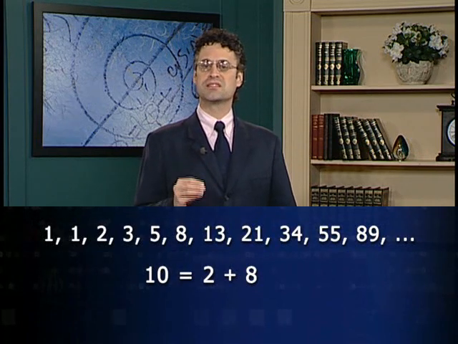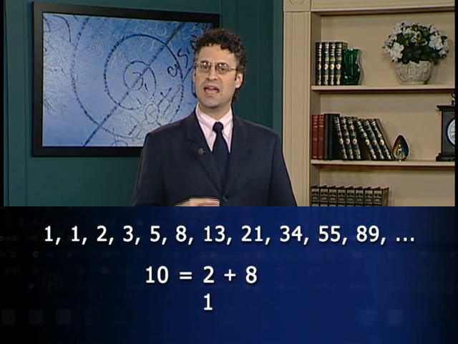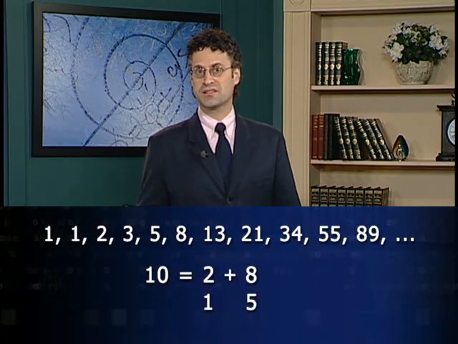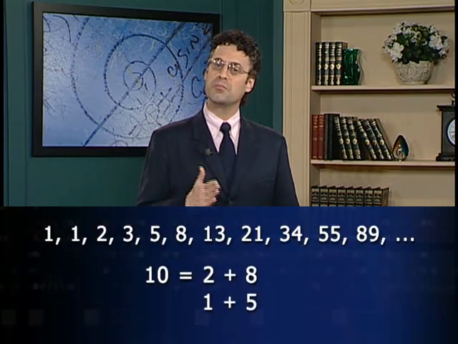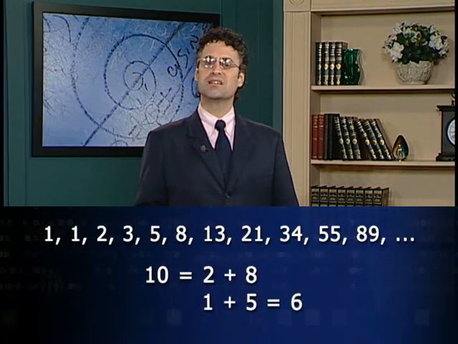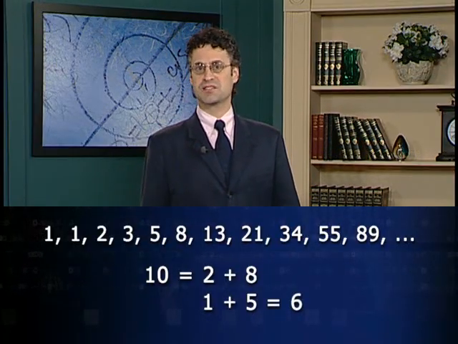In this case, we replace the 2 by a 1 and the 8 by a 5. And so instead of 2 plus 8, we now consider 1 plus 5. And if we add 1 and 5, we get 6. Therefore, 10 kilometers is approximately 6 miles. And if you've ever run in a 10-kilometer race, you know that's right, because in fact a 10-kilometer race is about 6.2 miles. So really a close estimate just using the Fibonacci numbers.